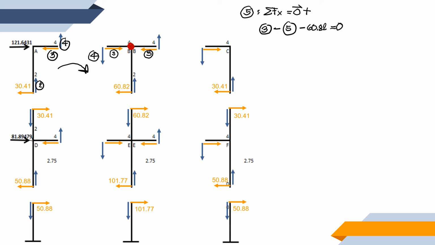We have already computed our force number 3, which is 91.2, minus force number 5, which we are looking for, minus 60.82 is equal to 0. And the value that we get for our force number 5 will be equal to 30.4.